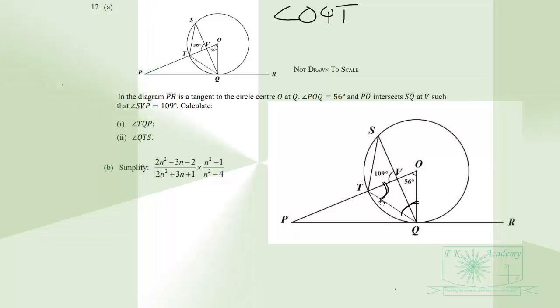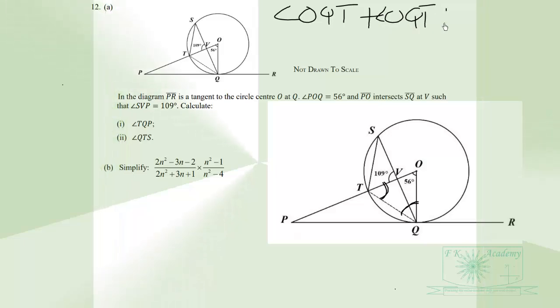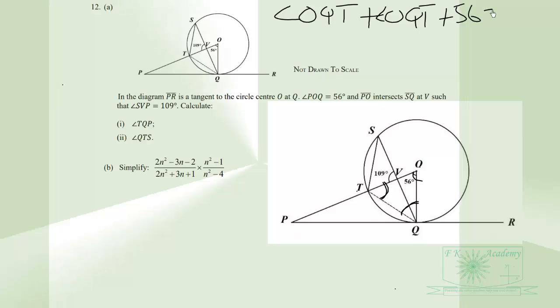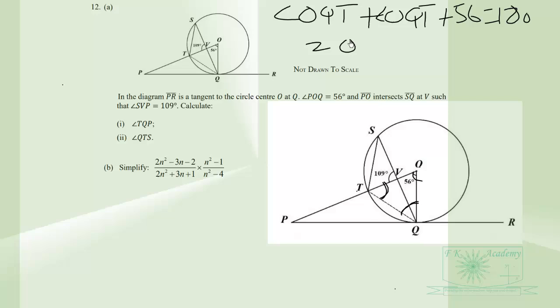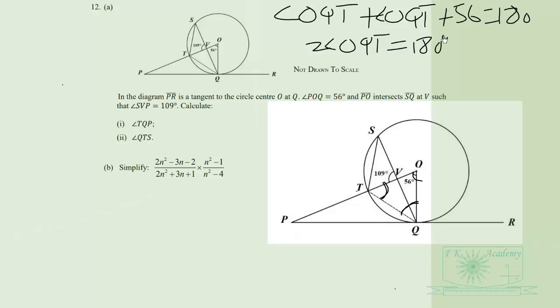So 2 times of that, plus the 56 angle, they are in the isosceles triangle OTQ. That will give us 180. So 2 times angle OQT should give us 180 degrees minus 56 degrees.